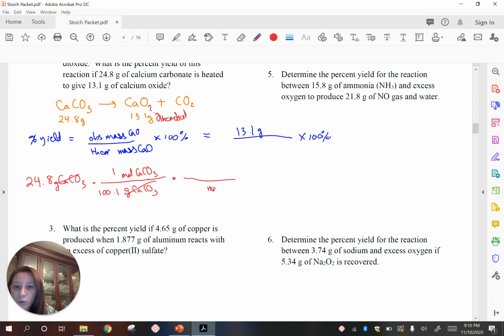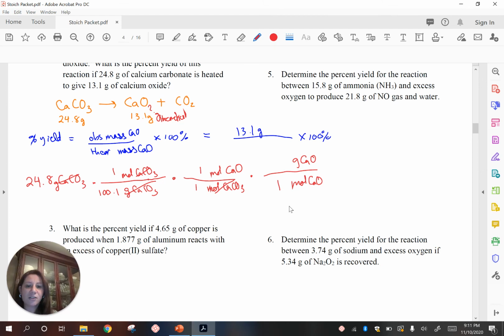Next, you put moles on the bottom. And you're going to go to moles of what you're looking for, which is the calcium oxide. You get this from the molar ratio, so 1 to 1. And so now your moles of calcium carbonate cancel and you're at moles of calcium oxide. Now you're going to go from moles of calcium oxide to the grams of the calcium oxide and use the molar mass for that.